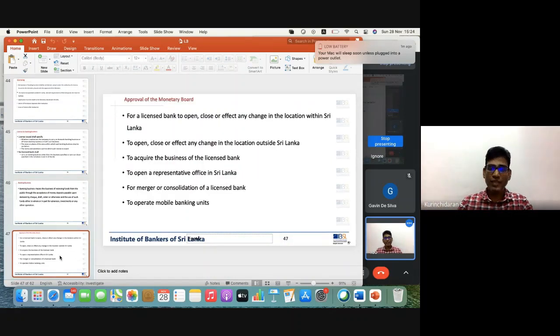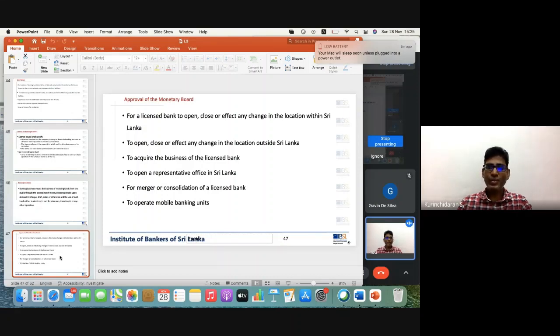And every time for certain items, you have to get the monetary board approval. If you want to open, close, or change the location within Sri Lanka, to open, close, or effect any change in the location outside Sri Lanka, to acquire the business of a licensed bank, to open a representative office in Sri Lanka, for merger consolidations, or to operate a mobile banking unit, you need monetary board approval.